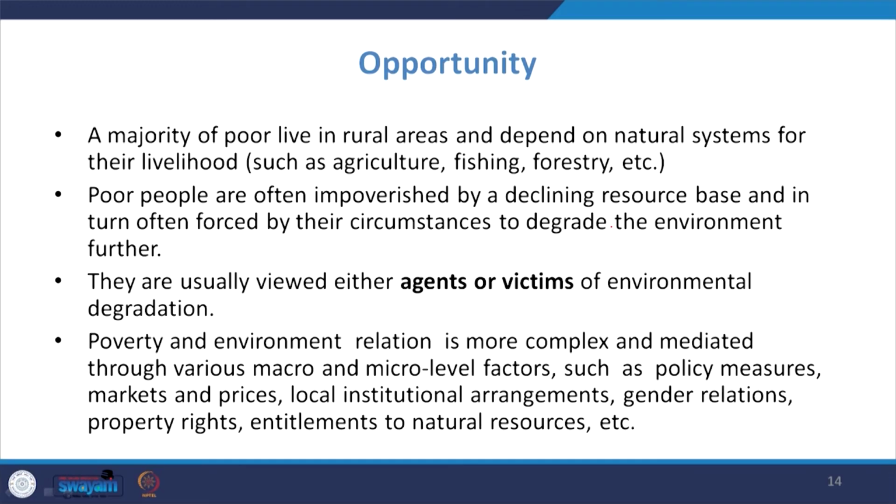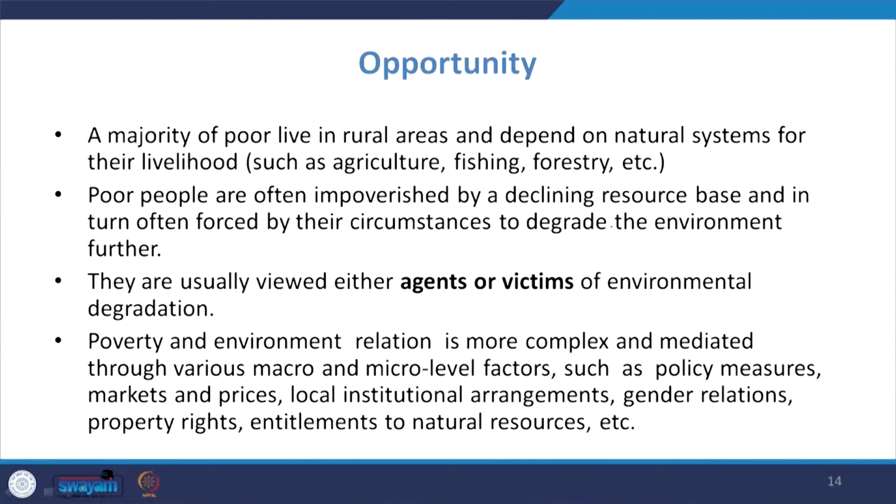So, there is a high level of poverty since poor people are depending on environment. So, they put more pressure on environmental resources, which degrade, and their livelihood base is badly affected, and when their livelihood base is badly affected, again they turn into poverty.